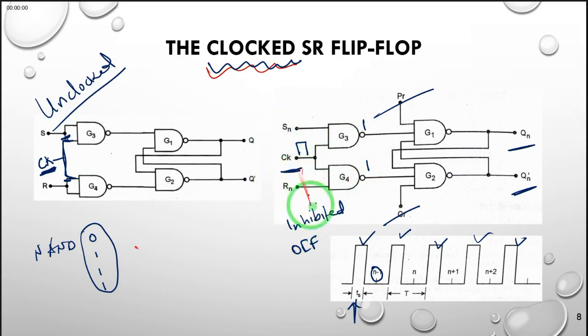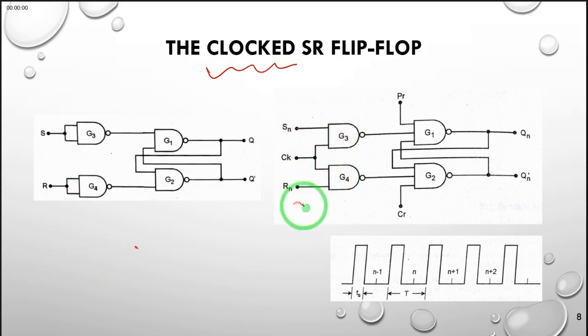But when this clock pulse passes, it allows the NAND gate to display the output dependent on what is at the two inputs of G3 and G4. So that is the functionality of the SR flip-flop with a clock pulse.